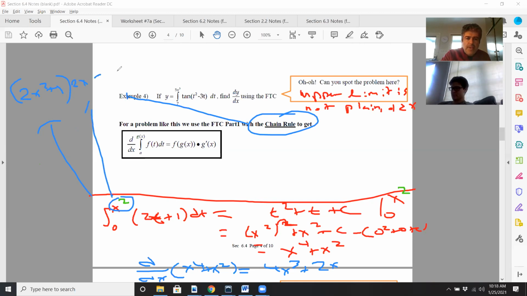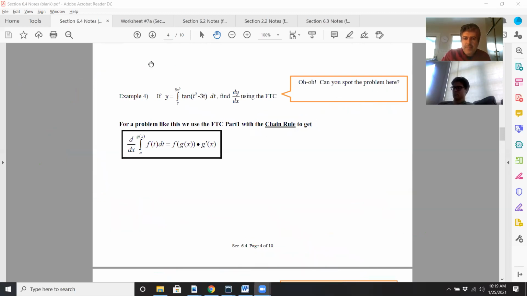If I distribute, I get 4x cubed plus 2x, which is exactly what I got down here when I went through this by brute force, by doing the antiderivative, plugging in x and 0, then taking the derivative. You could just realize that you're essentially replacing the t here with the upper limit, but then you've got to do a chain rule. We didn't do it earlier on because the derivative of x was 1 anyway, so we didn't worry about it. The chain rule is always around us the whole time.